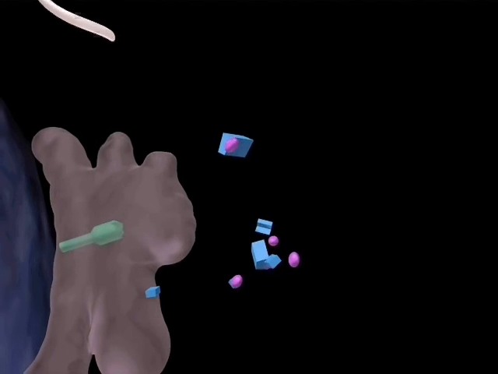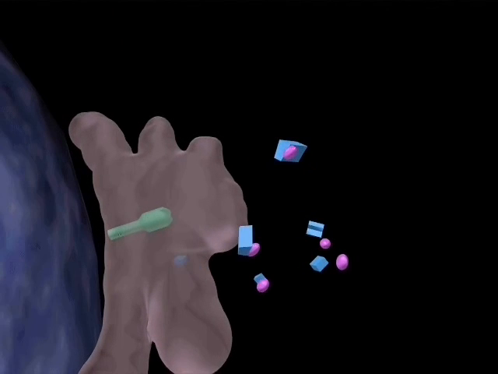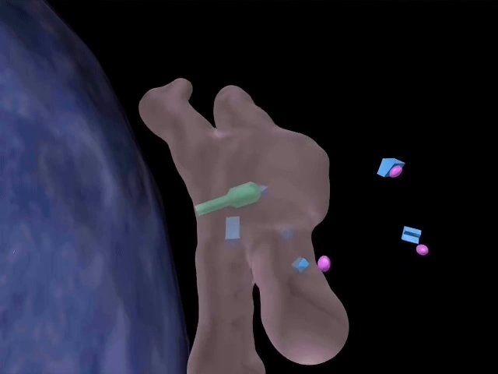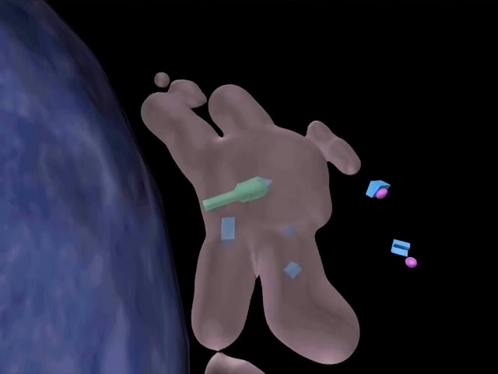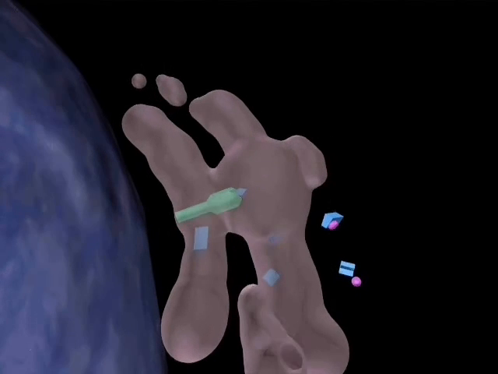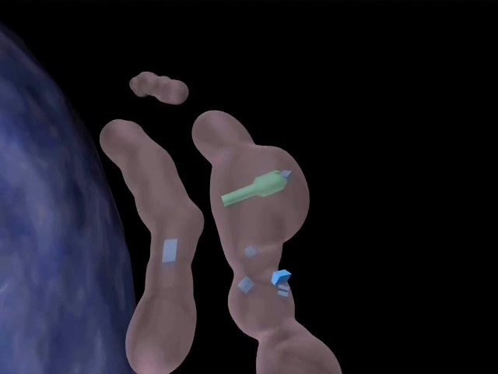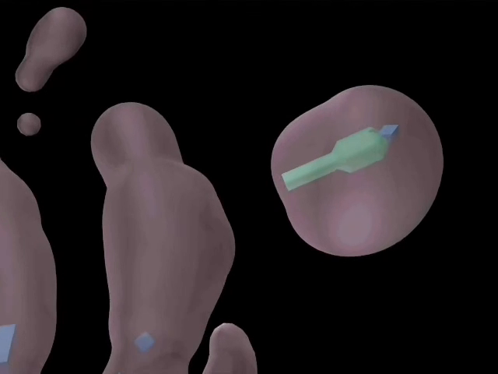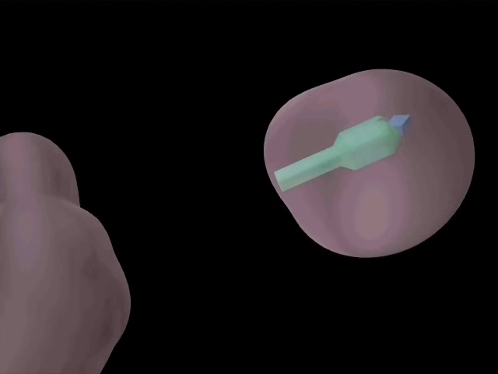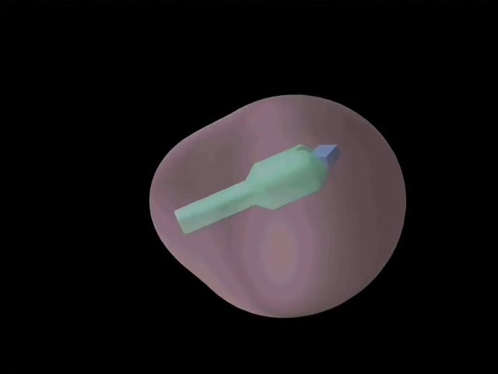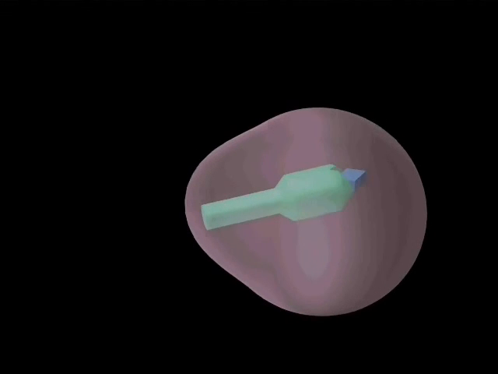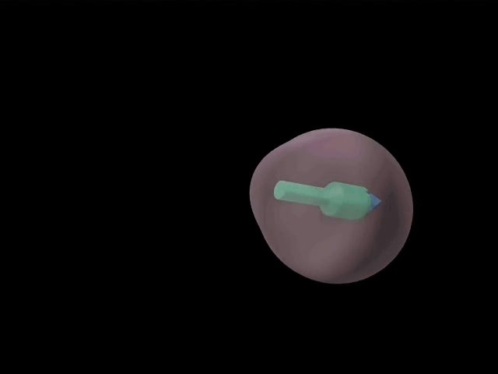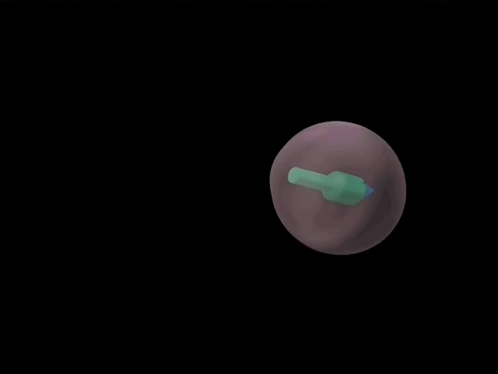The peptide fragments are transported to the endoplasmic reticulum and loaded onto MHC class I molecules. The MHC plus antigen combination is then presented at the cell surface.